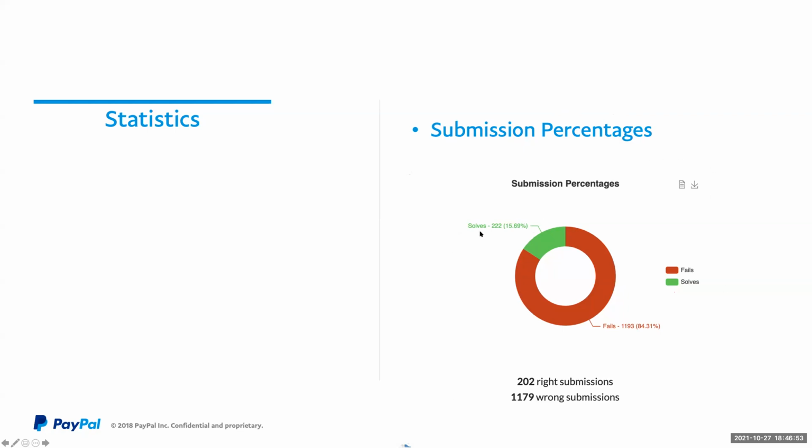But you can see here that the total number of solved challenges is 222, while the total number of attempts for all these challenges is nearly 1200, a ratio of 1 to 6. That means for each and every challenge, one player submitted at least six submissions.